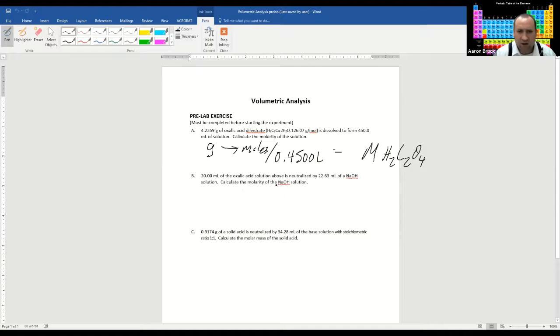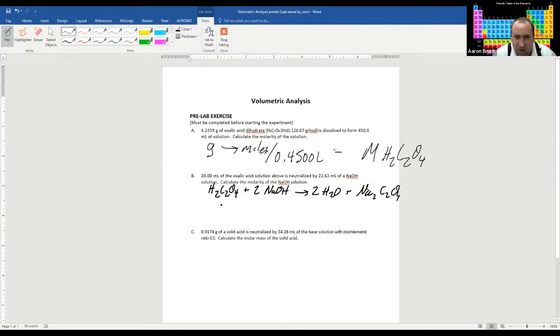We've got 20 milliliters of oxalic acid and 22.63 milliliters of sodium hydroxide was the molarity. Well, we need the balanced equation. And this is not a 1-to-1 reaction, it's a 2-to-1 reaction. And so that is going to complicate things a little bit because now I've got numbers in the denominator.